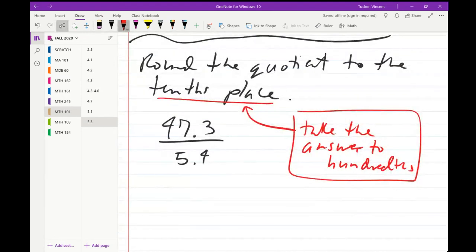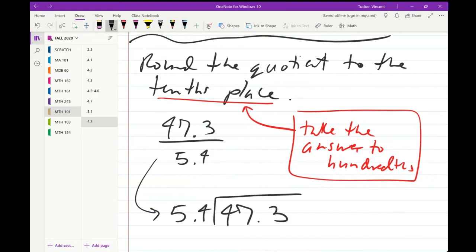All right. So first we're looking at 5.4 into 47.3. Take your decimal to the right one in both cases.